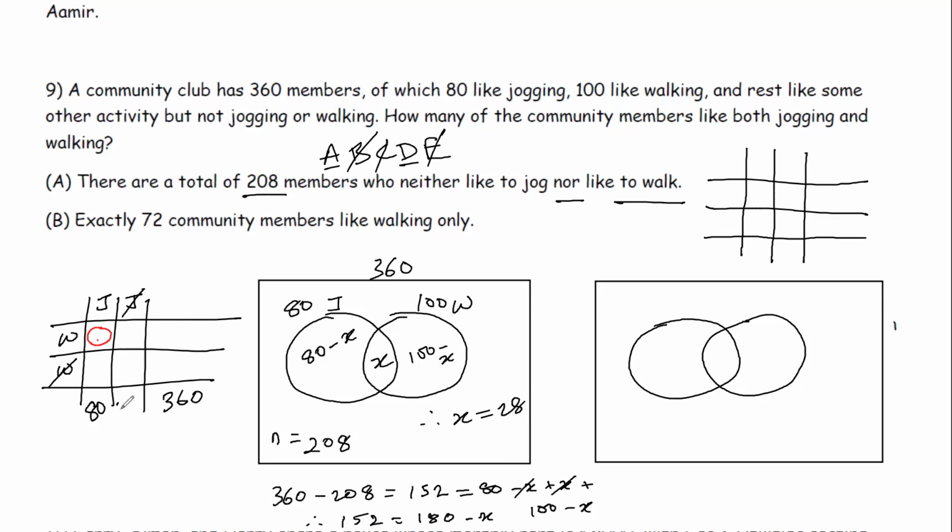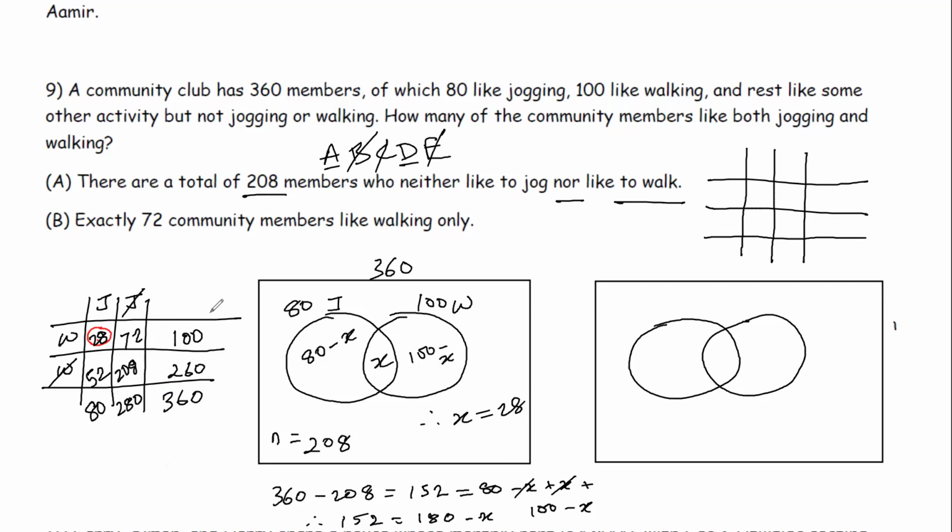So clearly 280 do not like jogging. And then we know 100 like walking, and so this one out here is 260. And we know 208 is neither jogging nor walking. So therefore this 280 minus 208 is 72. If this is 72 and 100, we get 28. So that's how we get the answer. And then finally, we just need to make sure that everything's adding up, the totals. So it does make sense, right?